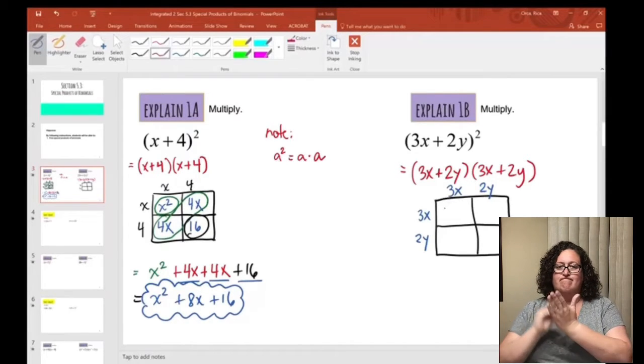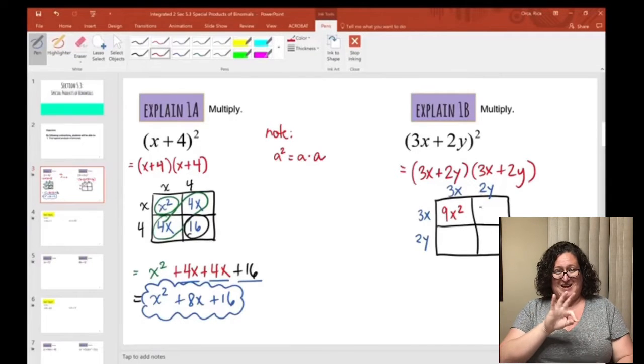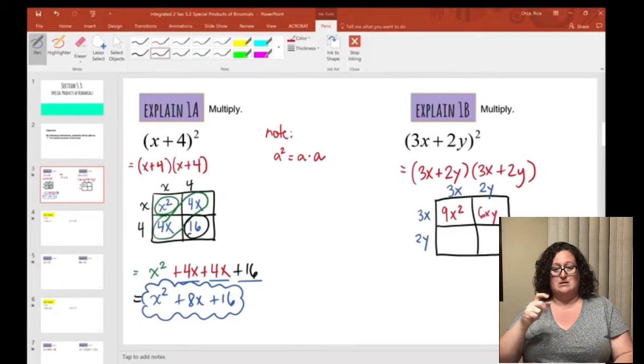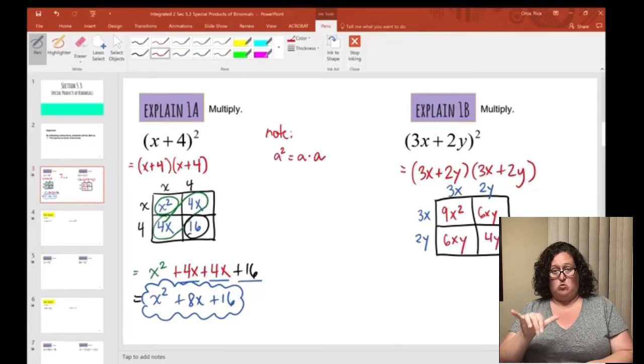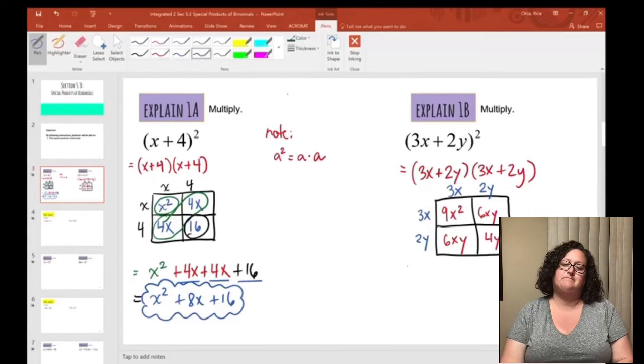Now let's fill in our box. 3x times 3x is 9x squared. 3x times 2y is 6xy. 2y times 3x is 6xy. And 2y times 2y is 4y squared. Now let's combine like terms.